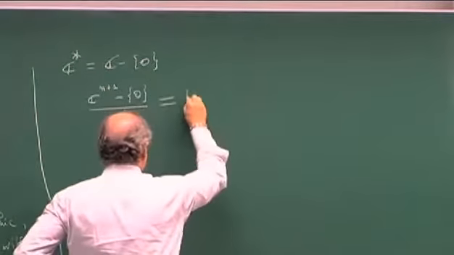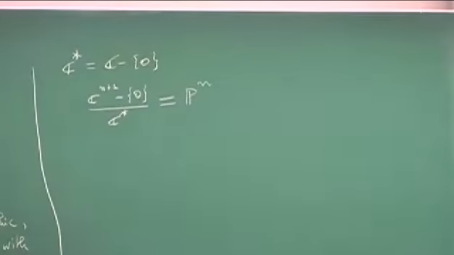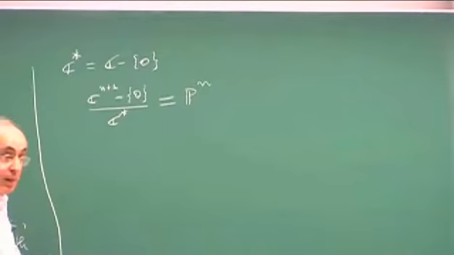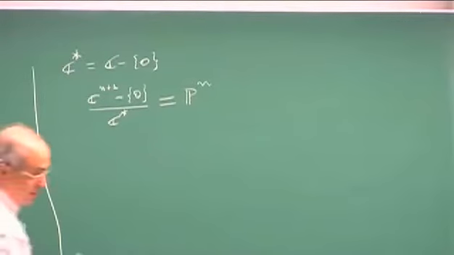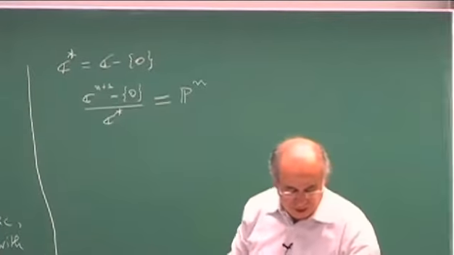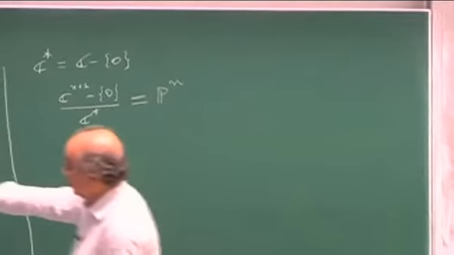And this quotient we shall call P^n, the complex projective space, which of course may be regarded as the space of lines in C^(n+1). This is a complex manifold, of dimension n, and we can indeed consider what is called a holomorphic atlas.